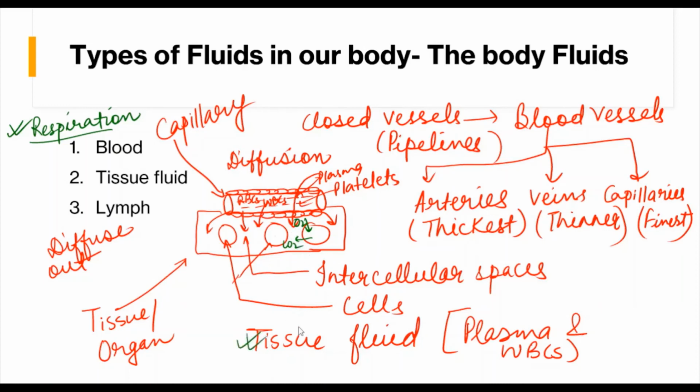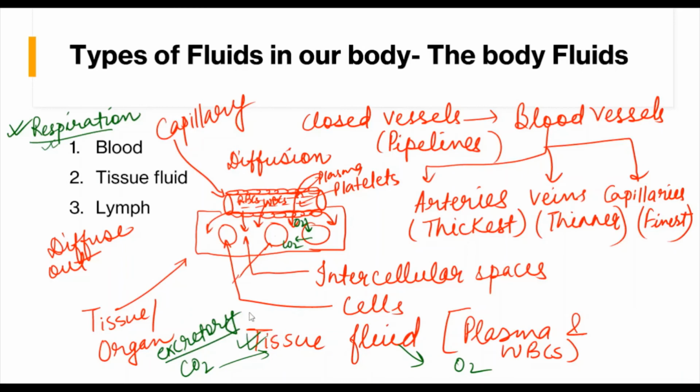The tissue fluid is filled here, isn't it? Where do they get the oxygen from for the process of respiration? They get the oxygen from the tissue fluid only. That means tissue fluid supplies oxygen and it also takes away the carbon dioxide that is produced during the process of respiration as a byproduct or as an excretory product.